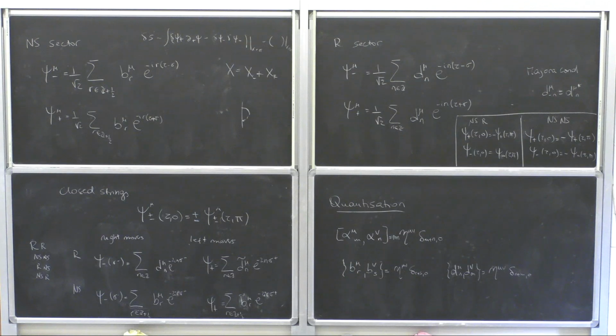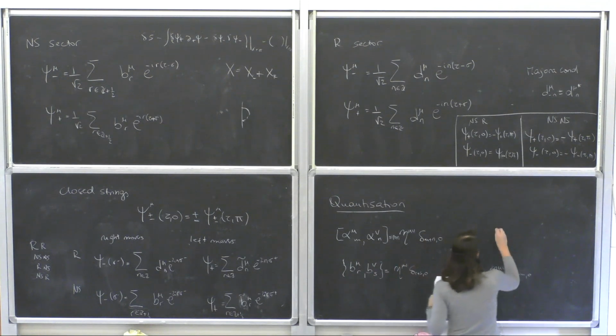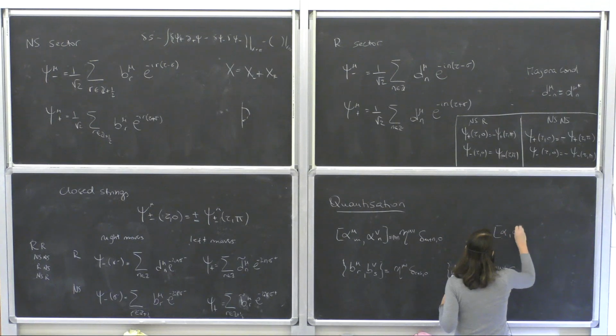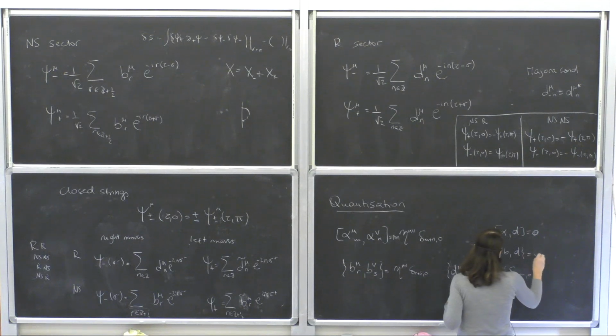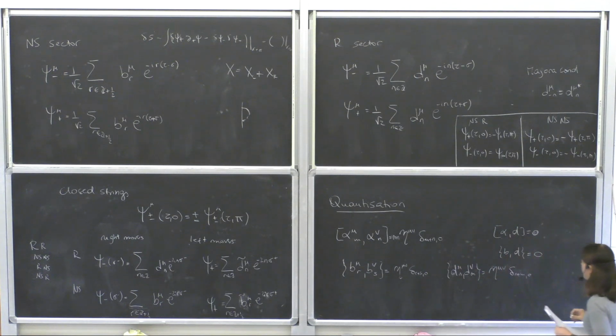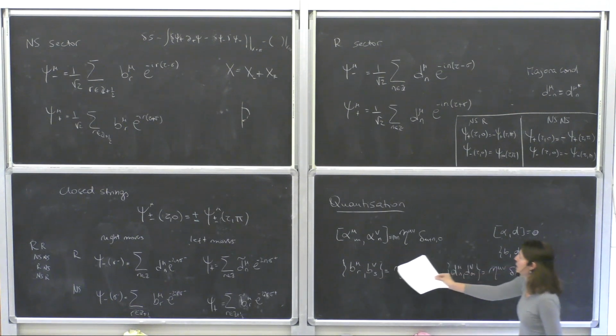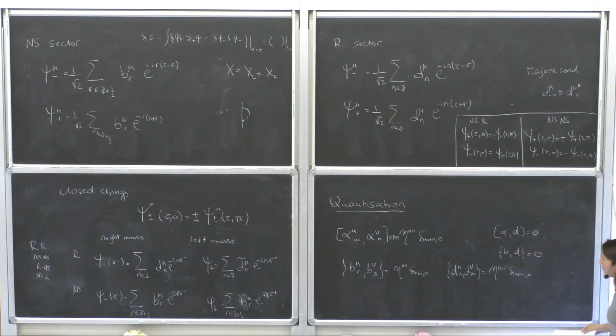And all the rest: alpha with d commute, and b with d anti-commute. And the same with the tildes, right? I don't have to write it, you put a tilde everywhere and it's the same, and then the b's and the b tildes anti-commute.